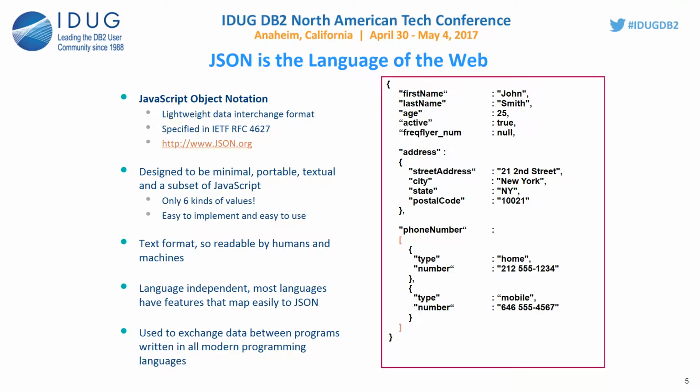And you have object: under address, you have state or city, which is an object type. And also we have the array type. Under phone number, there's a square bracket, in red color. It means that there are 2 array entries. The first one is a home phone number. The next one is a mobile phone number, okay?